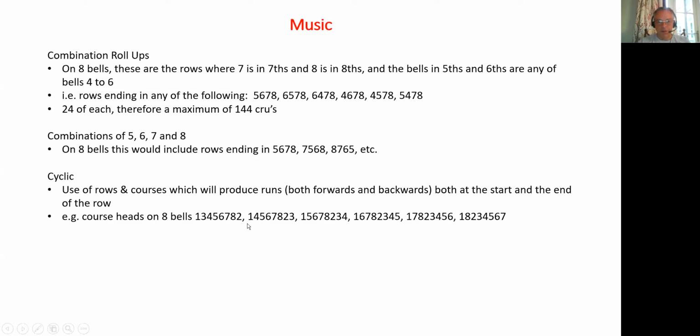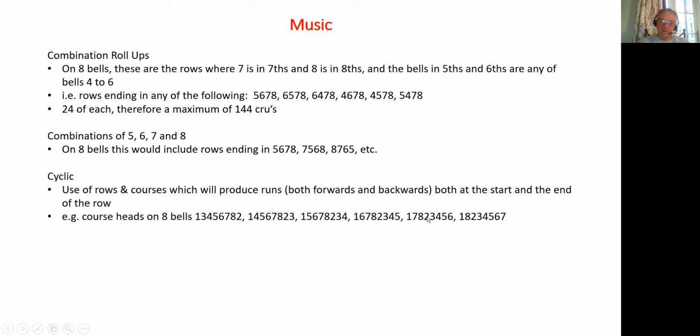what these do is that if in your course that starts from rounds, 1 2 3 4 5 6 7 8, you've got all your rows in that course that end with 5 6 7 8, then when you bring that same course or that same sequence of changes, starting from 1 6 7 8 2 3 4 5, for example, everywhere where you got 5 6 7 8 in the original, starting from the plain course, you're going to get 2 3 4 5s starting from this course end.